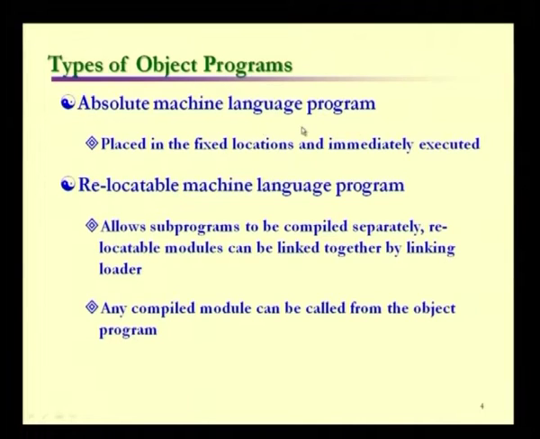There are advantages and disadvantages to this kind of machine language program. The advantage is that it is much simpler to produce absolute object code, because we fix all the address values: where the program starts, the control branches, the memory addresses, the data addresses, everything is fixed. So, code generation will be much easier.